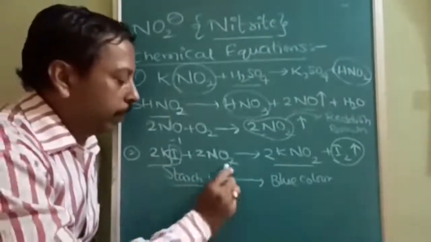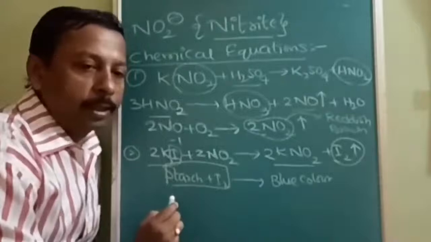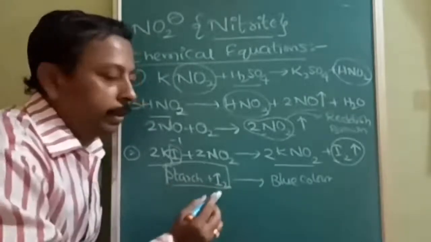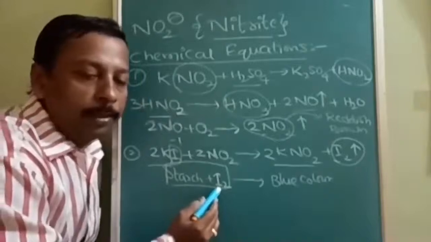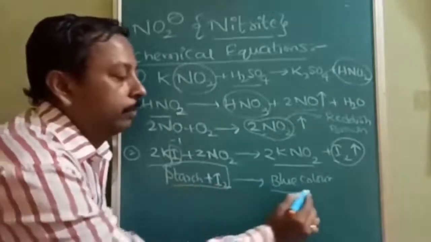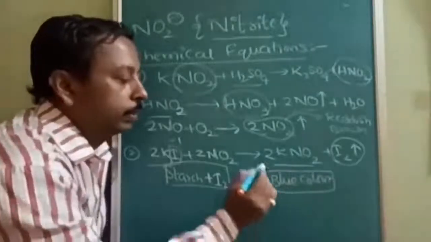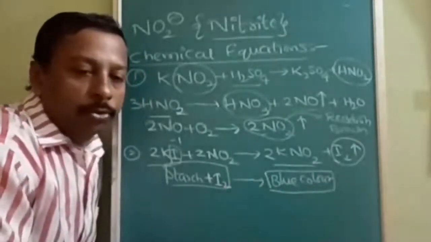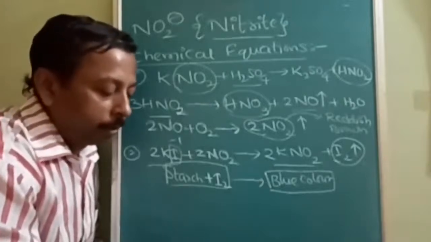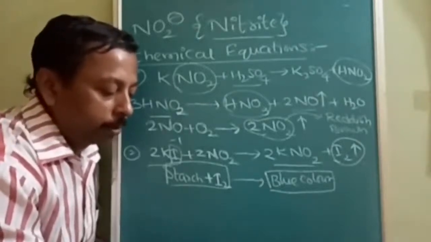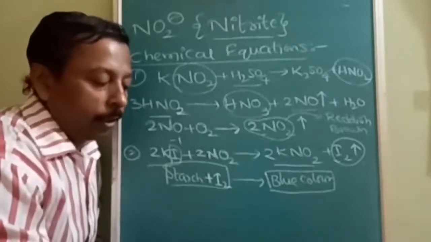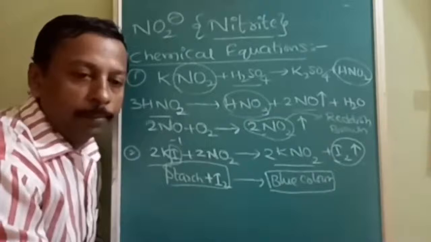To identify iodine, this is the major test every time it is used. Whenever you want to test the presence of iodine, simply bring one starch paper. If it converts into blue color, that shows the presence of iodine. Starch paper is the best method to identify the presence of iodine.